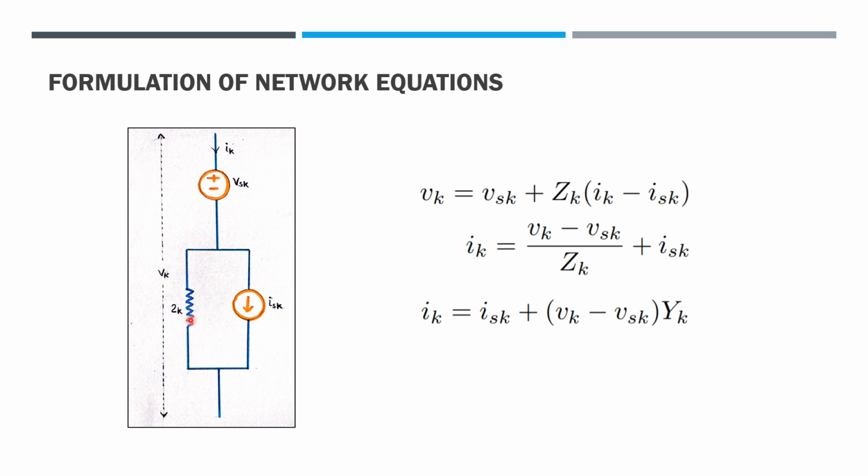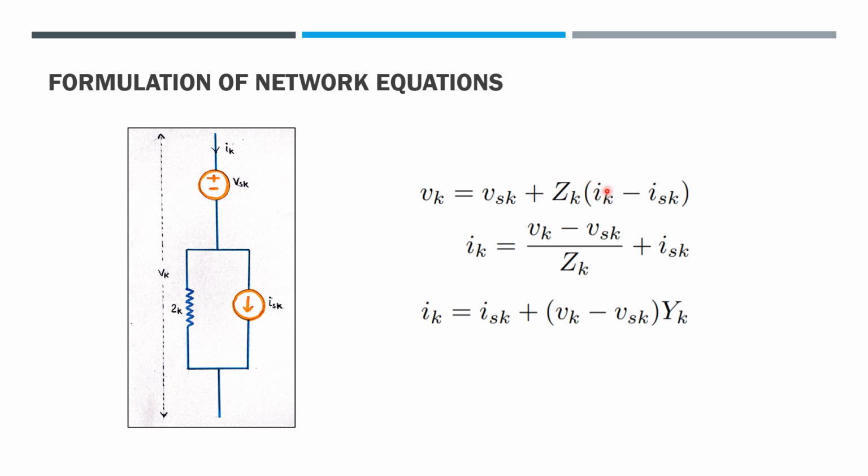By Ohm's law, voltage across this resistance is equal to current through this resistance into Zk. Current through this resistance is Ik minus Isk. So the voltage across this resistance is equal to Zk into (Ik minus Isk). So Vk is equal to Vsk plus Zk into (Ik minus Isk).